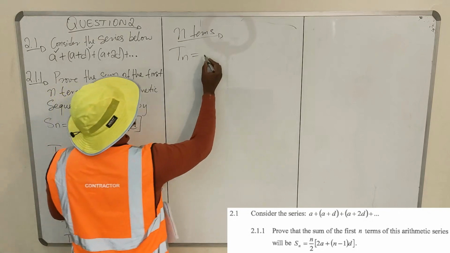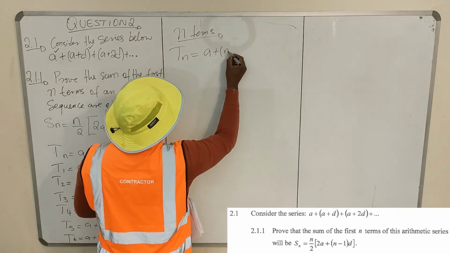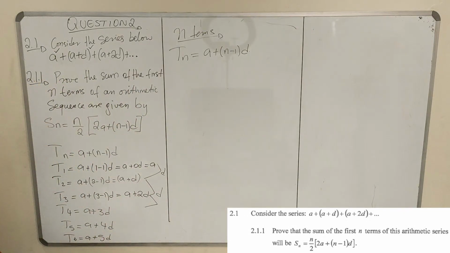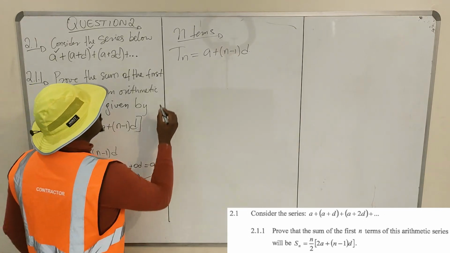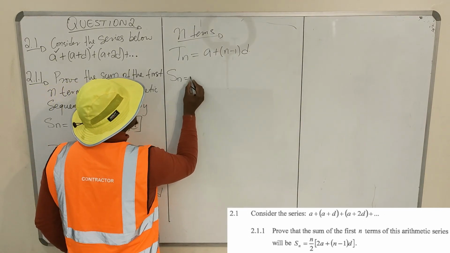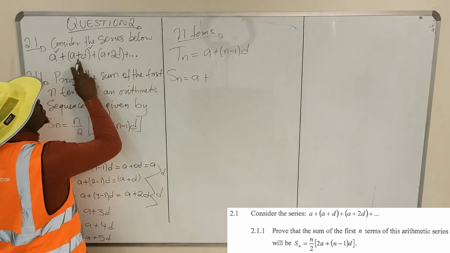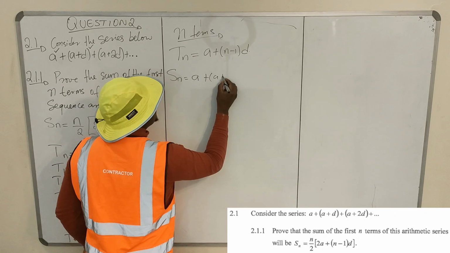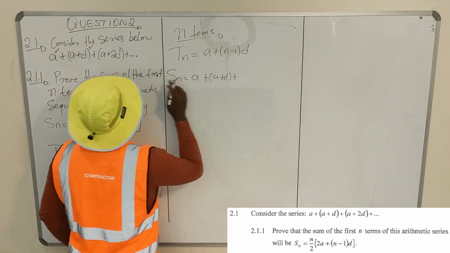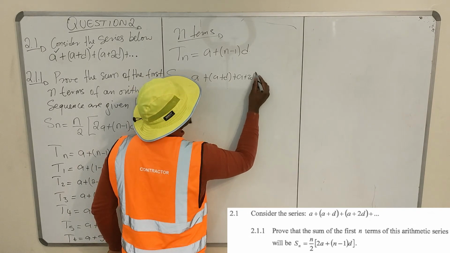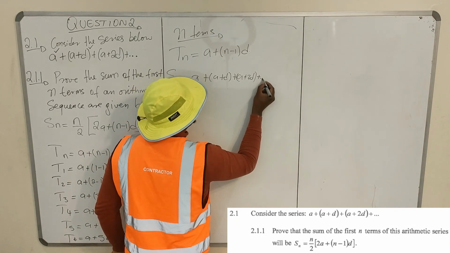Your Tn is A plus (n minus 1) times D. So now, if you want the sum of n terms, you must add all of them. The sum of n terms will be the first term, which is A, plus the second term, which is A plus D, plus the third term, which is A plus 2D, and so on.